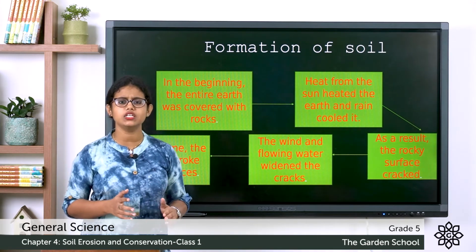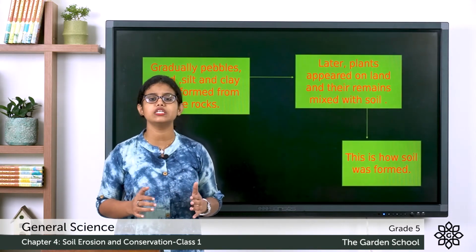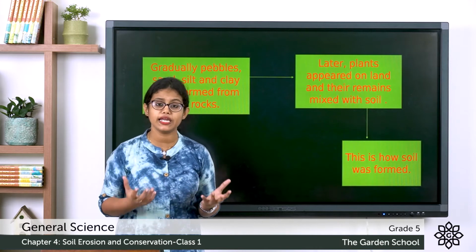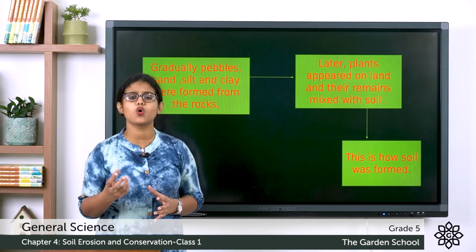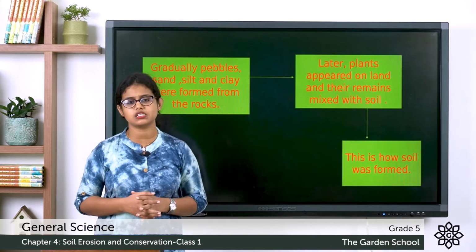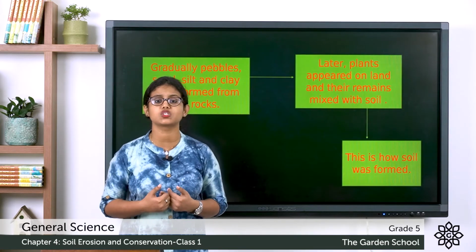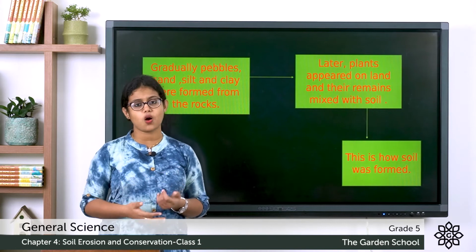Gradually, pebbles, sand and silt were formed. Later on, tiny plants and mosses grew on these rocks. Then years later, dead remains of plants got added, and finally the soil was formed.